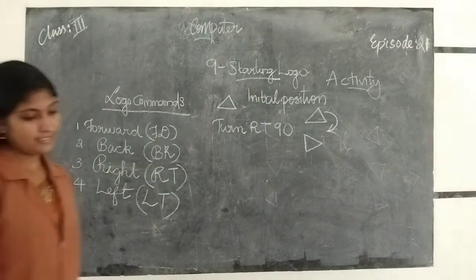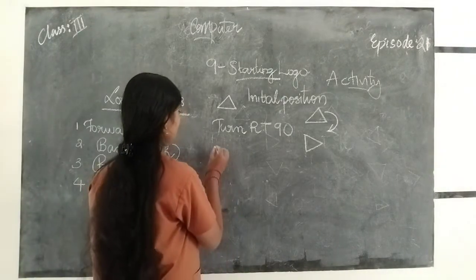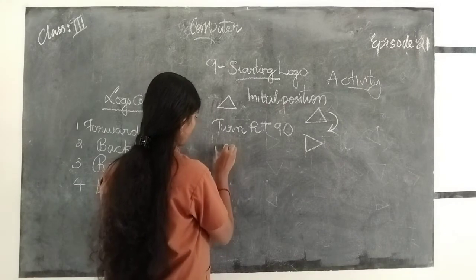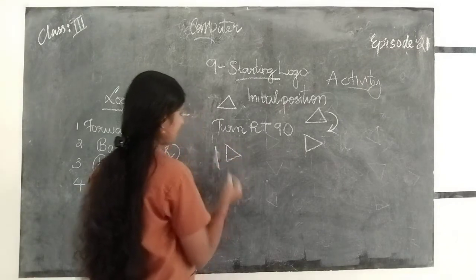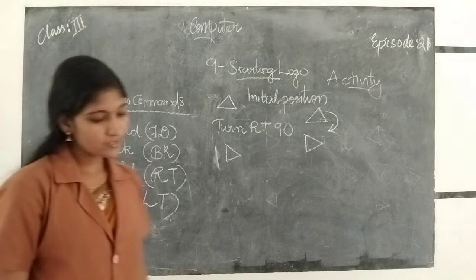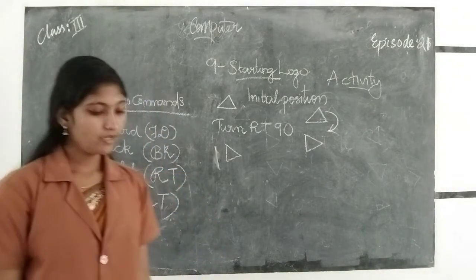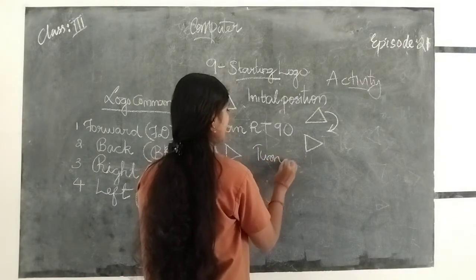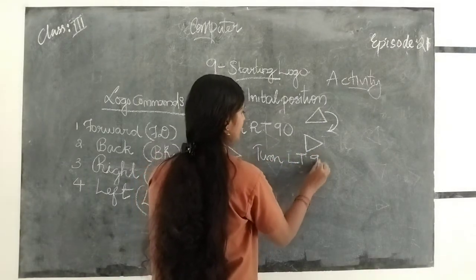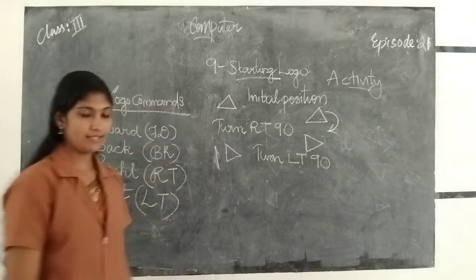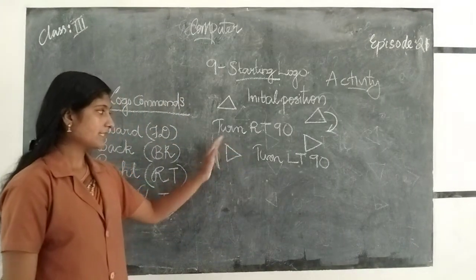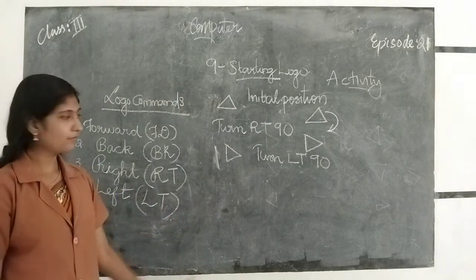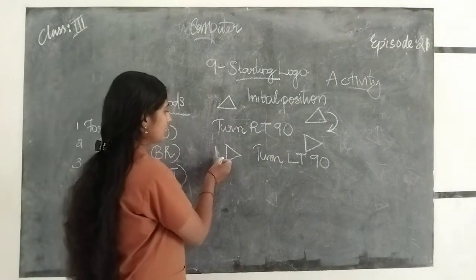Yes. Then second question. The initial position is this, and the question is turn left 90 degrees. Turn LT 90 degrees. So turn the turtle to the left side direction with an angle of 90 degrees. So here is the turtle.